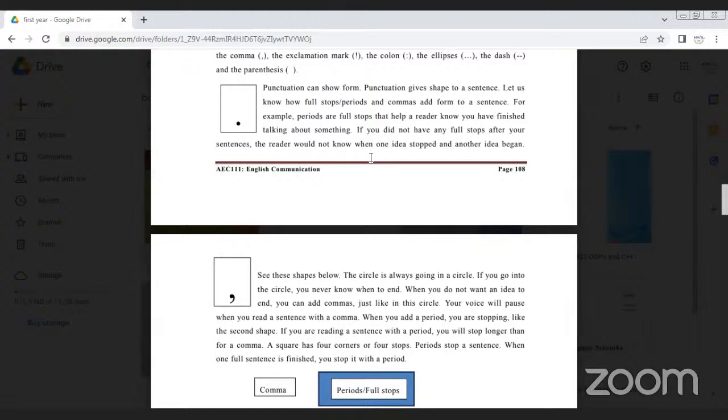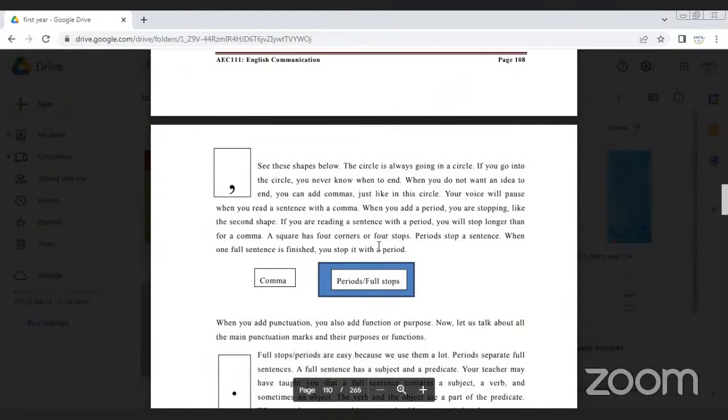If you did not have any full stops after your sentences, the reader would not know when one idea stopped and another idea began.